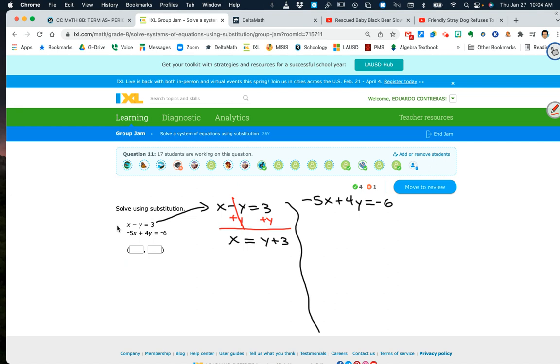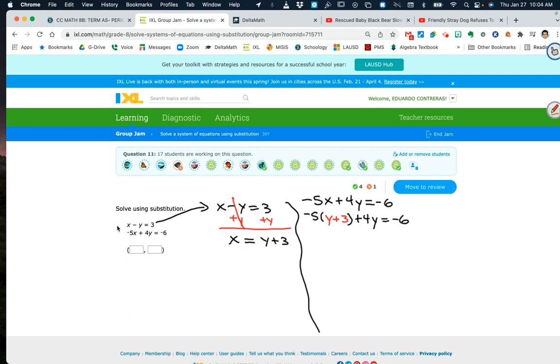Let's do that. So I'm going to write it this way. Negative 5 parentheses y plus 3 plus 4y equals negative 6.